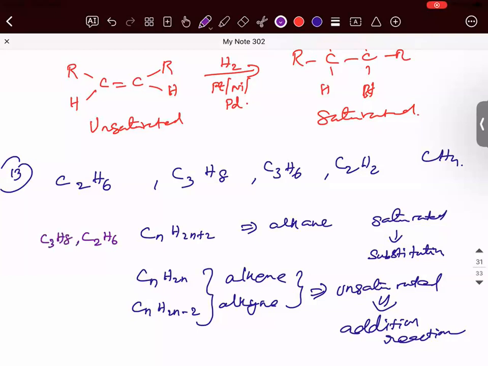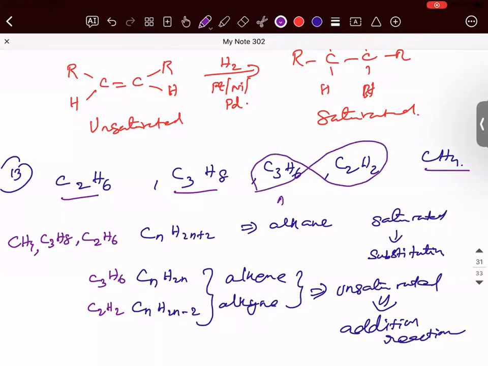And then C3H6, the first formula will not be suitable. Second, C3H6. And C2H2, third formula. And first one CH4. Okay. So compounds 1, 2 and 5 will not undergo addition reaction. So these two compounds will undergo addition reaction.